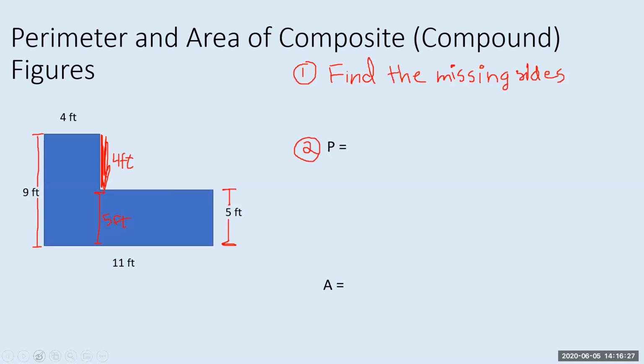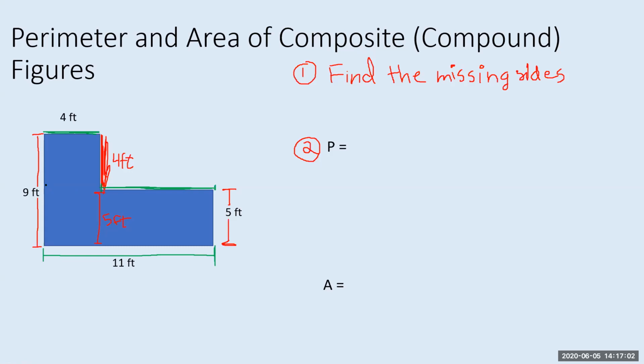All right, now let's take a look at this other missing side, this horizontal side right here. To figure out what that side length is, we're going to look at the other two horizontal measurements that we have: this 4 feet up top and this 11 feet at the bottom. The 11 feet is telling us that all the way across this shape, from one side all the way over to the other, is 11 feet.